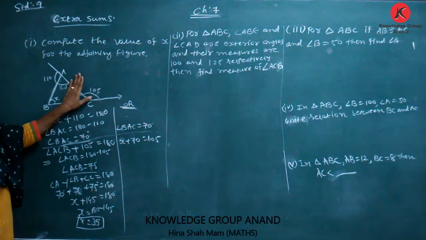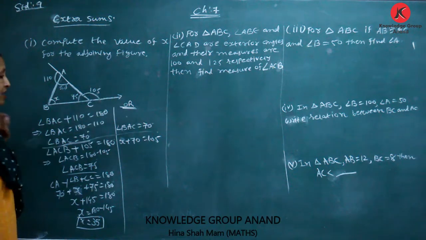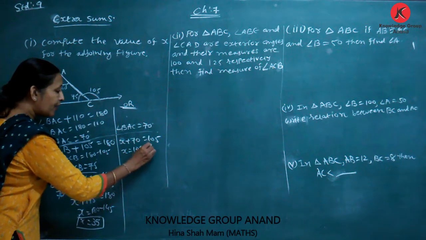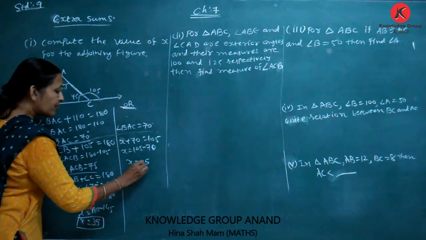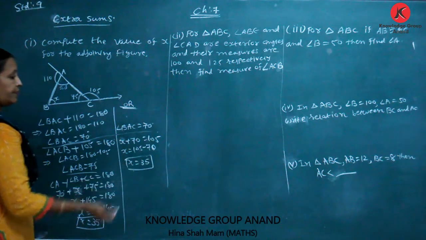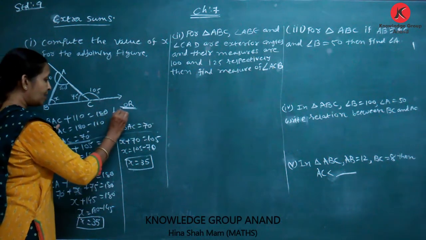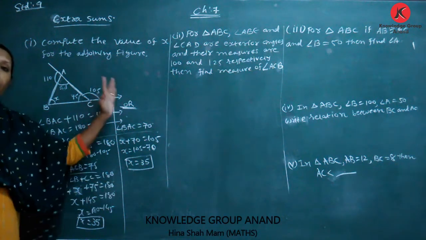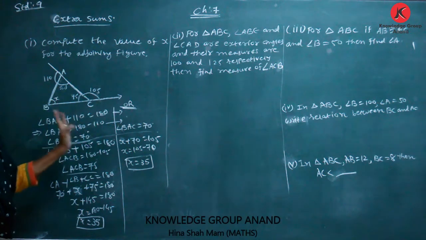We use this property: the sum of the opposite interior angles is equal to the exterior angle. x is equal to 105 minus 70, x is equal to 5. You do it like this: write these terms, then find angle BAC and then find this. Use this method or that method, as you like.